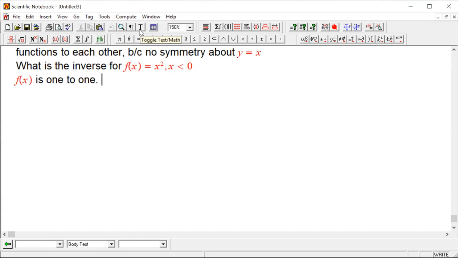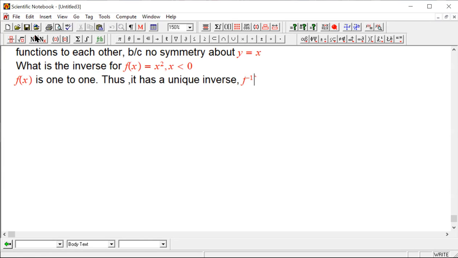It's on the left part of a parabola. So this is a 1-to-1 function, and thus it has a unique inverse. So we're going to call it F inverse.